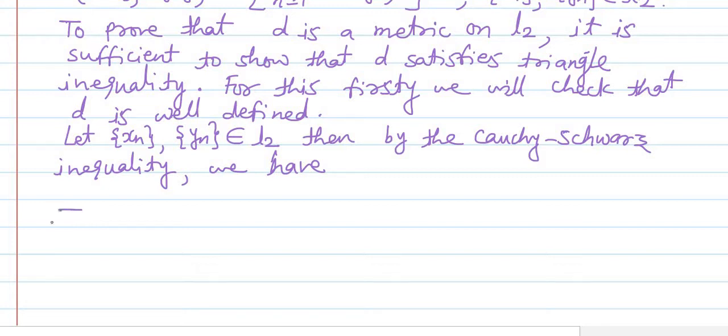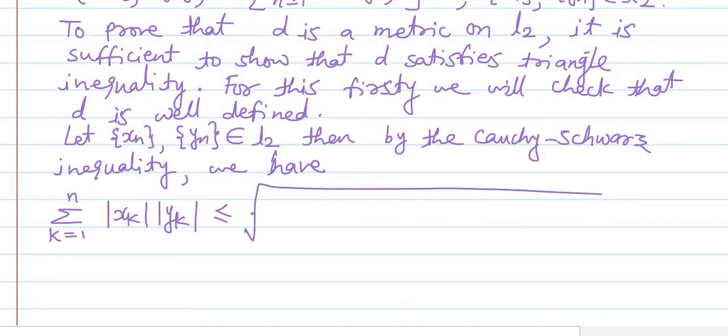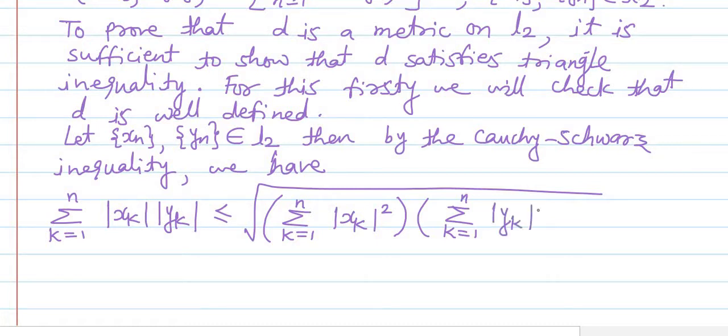Using that we have summation over k equal to 1 to n mod of xk into mod yk is less than or equal to the under root of the summation over k equal to 1 to n mod xk square into summation over k equal to 1 to n mod yk square, and this is for every n belongs to the set of natural numbers N.